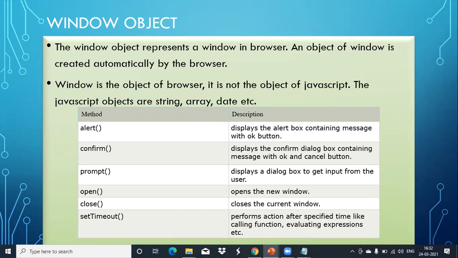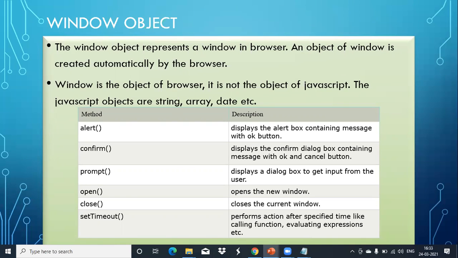Browser only is creating that, so it is a browser object. Window is not an object of JavaScript. JavaScript objects we learned last class: string is an object type, array is an object type, date is an object type. But window is the object of the browser only.